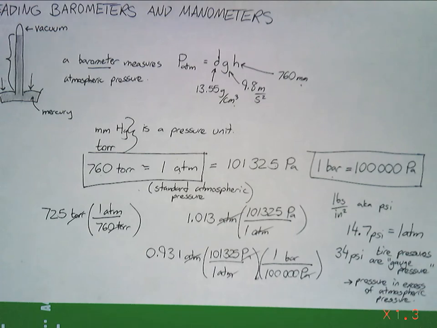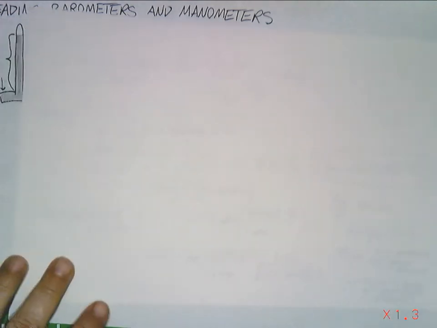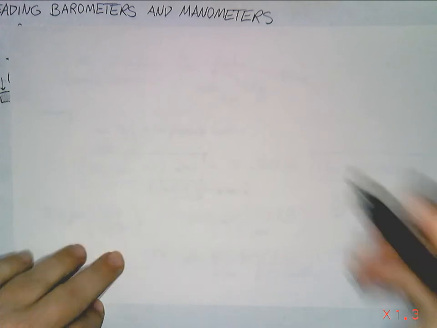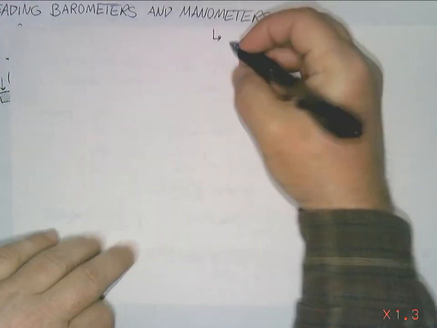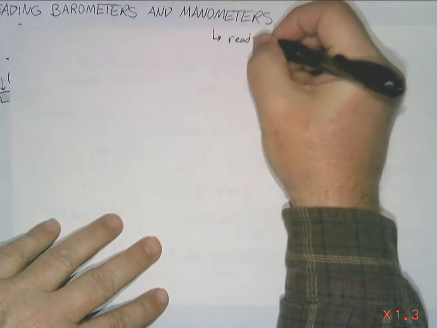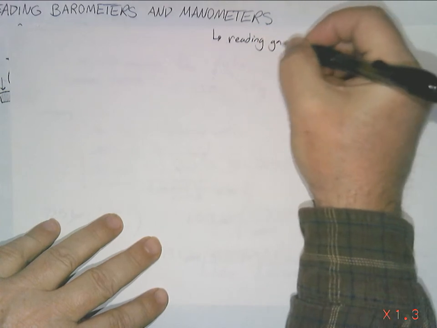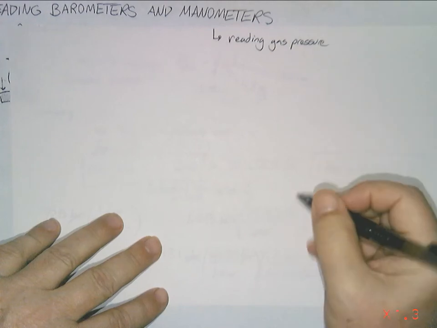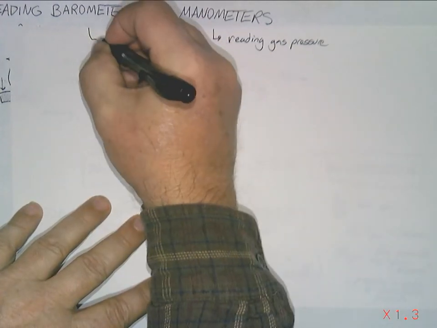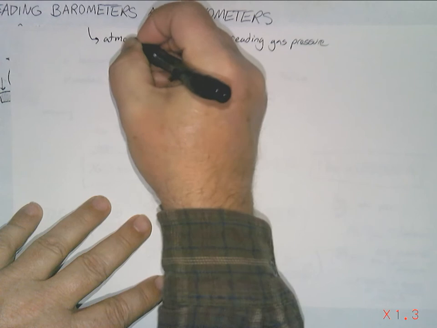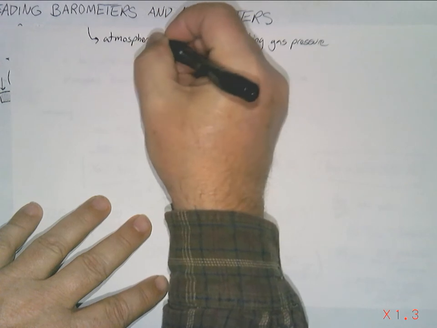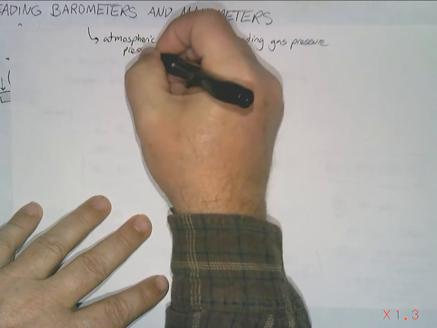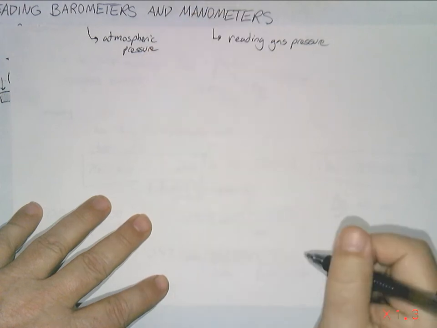Now, when I'm reading gas pressures, I use a device called a manometer very often. A manometer is for reading gas pressure. Gas in a tank, gas in a tire. A barometer is for reading atmospheric pressure. What does a manometer look like?